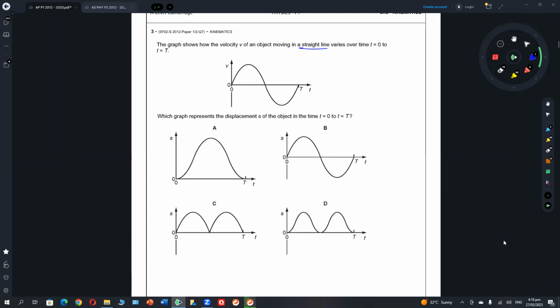This is positive velocity and this is negative. This is positive velocity. When you take a U-turn, velocity becomes negative. Velocity is zero here, and zero in the start. Negative velocity means object has taken a U-turn. Now there are four options.